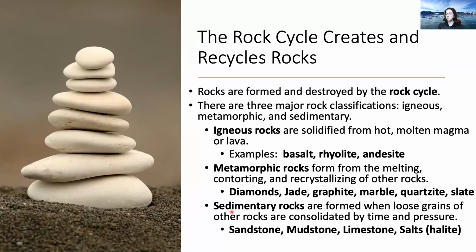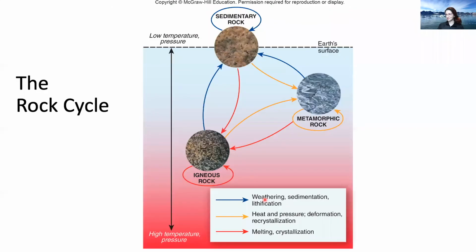Some examples of sedimentary rock include sandstone, which we also have here in East Tennessee, mudstone, limestone, and then a special type of sedimentary rock called a chemically precipitated sedimentary rock is salts. Most notably halite, which is table salt, sodium chloride. And so halite is probably one of the very few rocks that we actually eat on a normal basis.